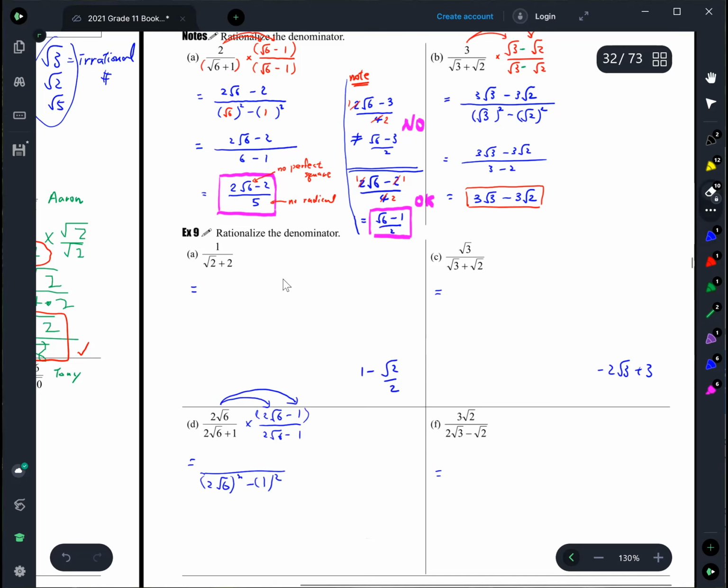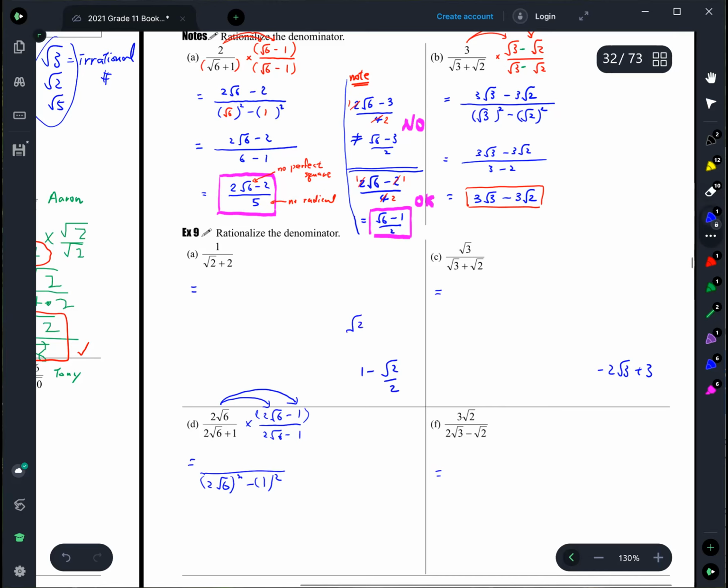Anyone else has a different answer for A and C? Geoffrey, do you have anything different for A and C? I got for A, root 2 minus 2 over negative 2.